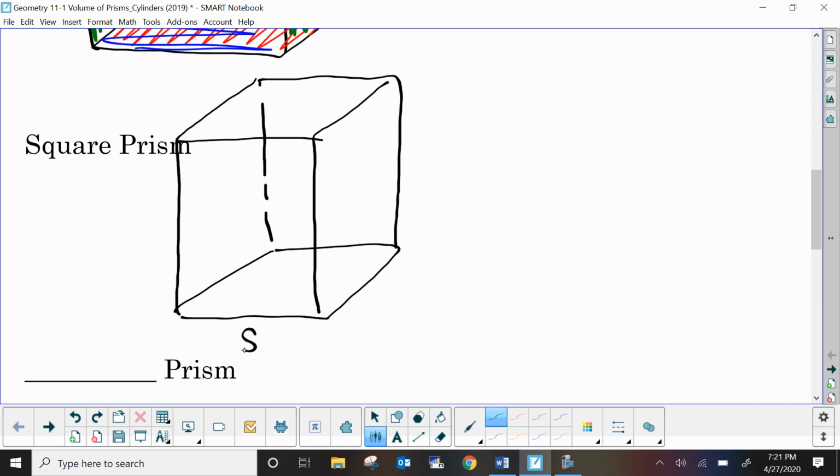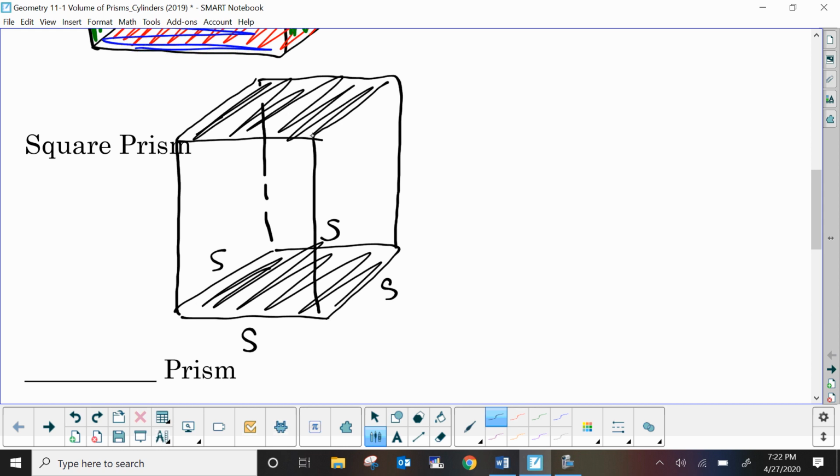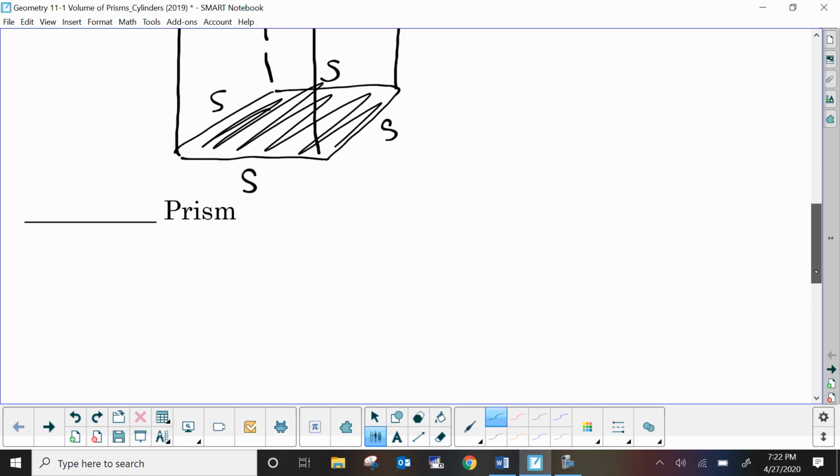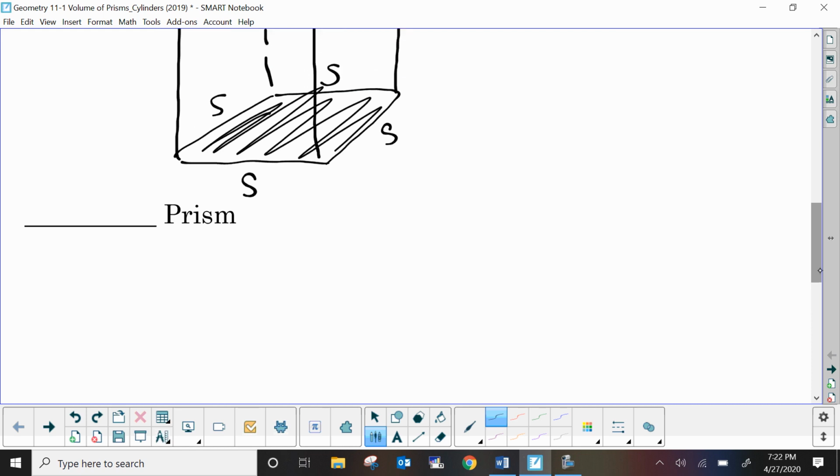So if this side is the same length as this side, which is the same length as this side, which is the same length as that side, this is a square base. This is parallel and congruent, so this is a square prism. You can have any shape as the base. Those are the most common shapes that we use when it comes to three-dimensional figures.